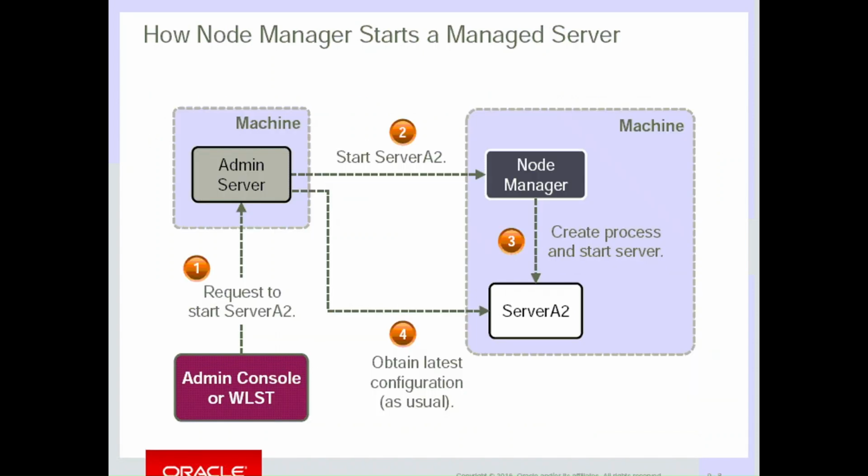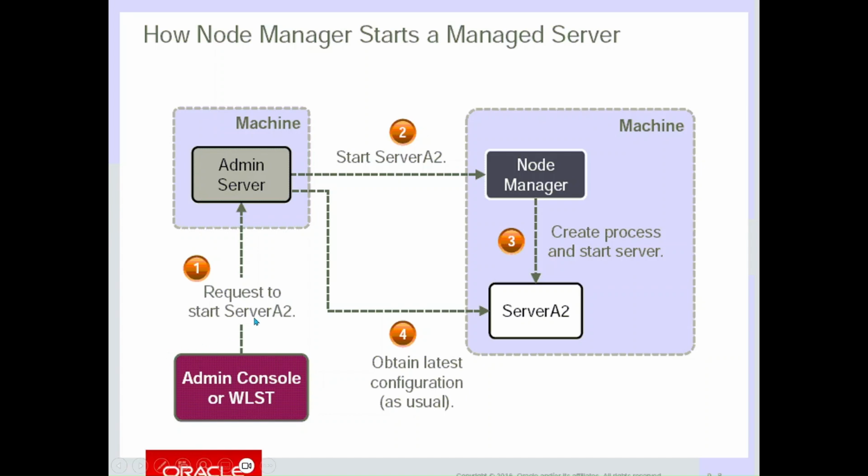Now let's understand how the Node Manager starts a managed server. When we have created and configured a Node Manager, and we perform a start operation from the console, how is it going to start the managed server? Suppose we are on the admin console and we choose one particular server.